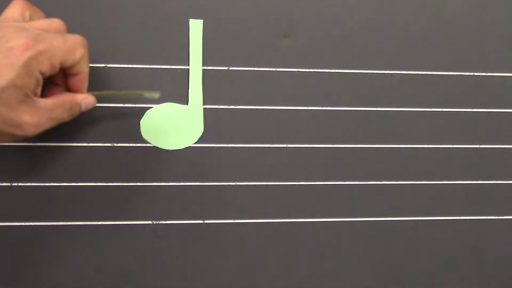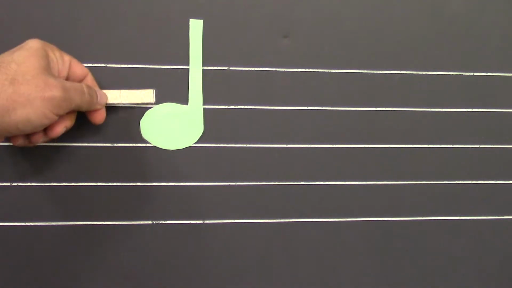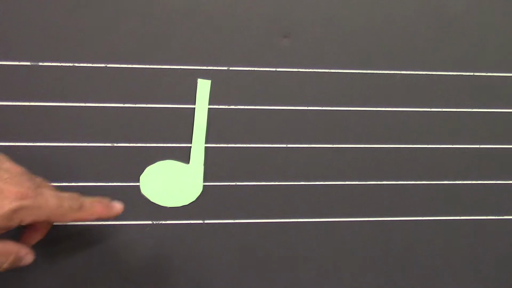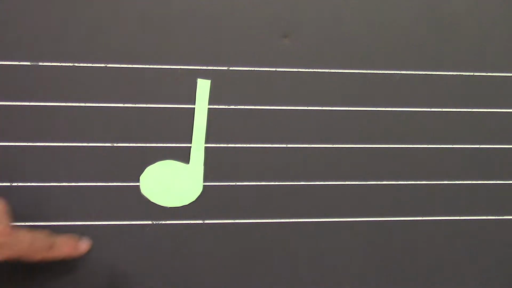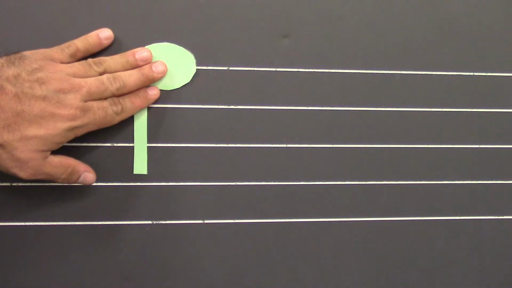So let's do this. Is this on a line or a space? Because it's between these 2 lines, here, it's on a space. What about this? Because it's on this line, and the line goes through it, this is on a line. What about this one? Remember, stems can go upside down.